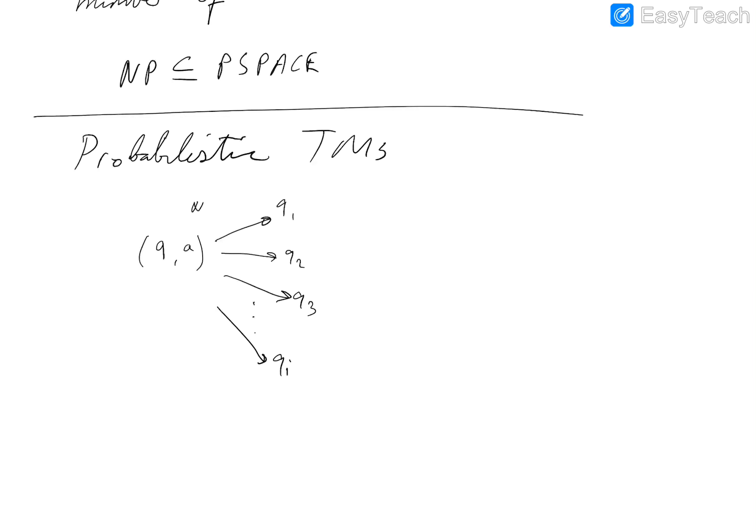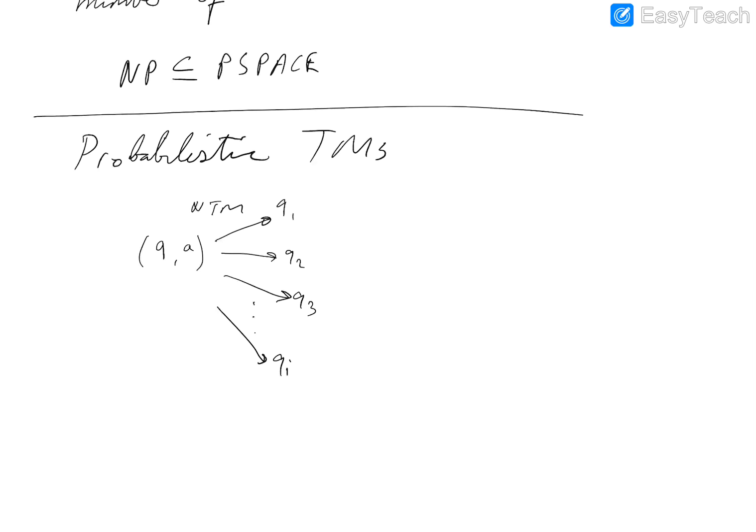It just says that when we are in state Q and we read the symbol A, then it's possible that we get in state Q1, Q2, Q3, Qi with equal probabilities.